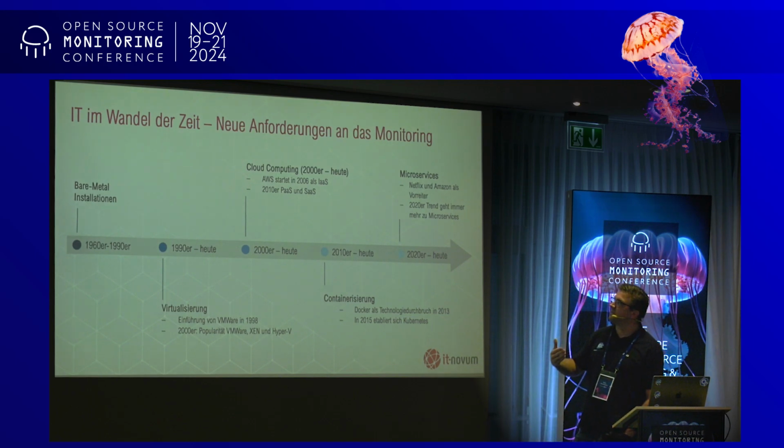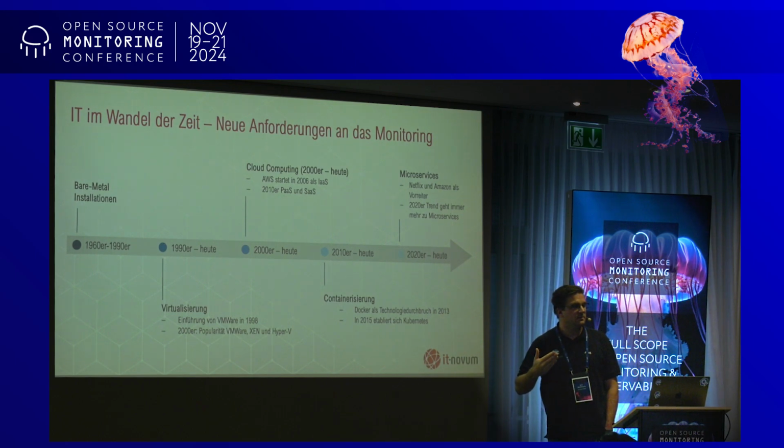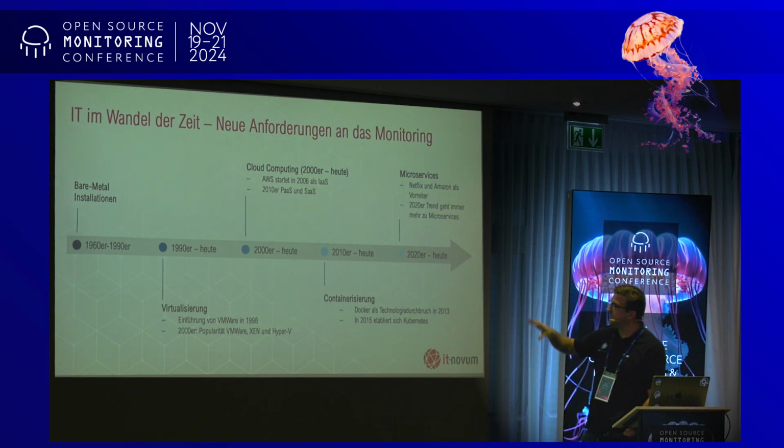Coming to cloud computing, beginning in the 2000s, it's even more complex, because you don't know where your machine is exactly running, and you have no influence on where it runs because it's in the cloud. So you need another approach for the monitoring, and it's getting more complex.